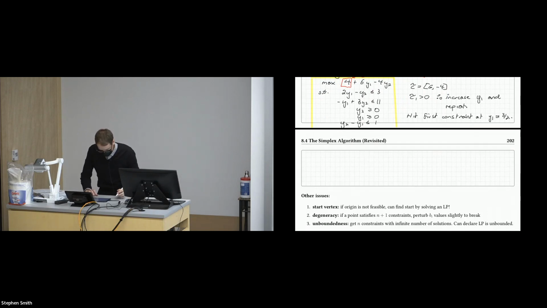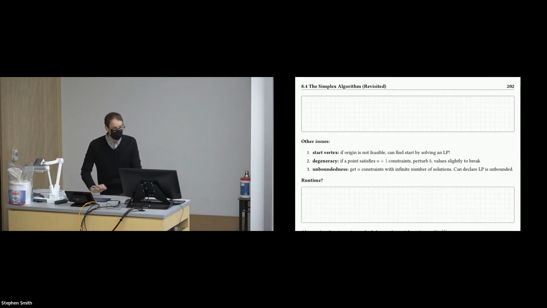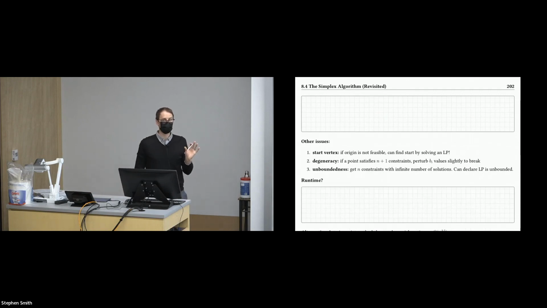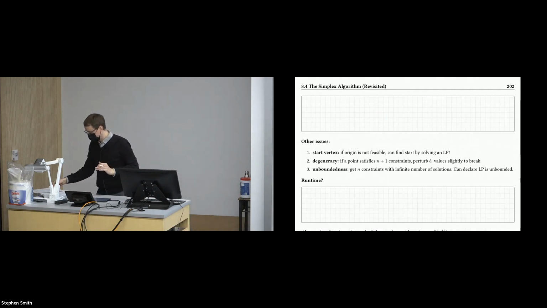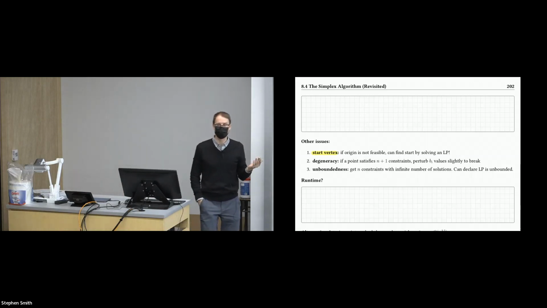So I guess I left myself a little bit extra space, which I didn't need. Now there's a few extra issues that we didn't really talk about. One is the start vertex. So in my example, I just started at the origin and that was feasible.